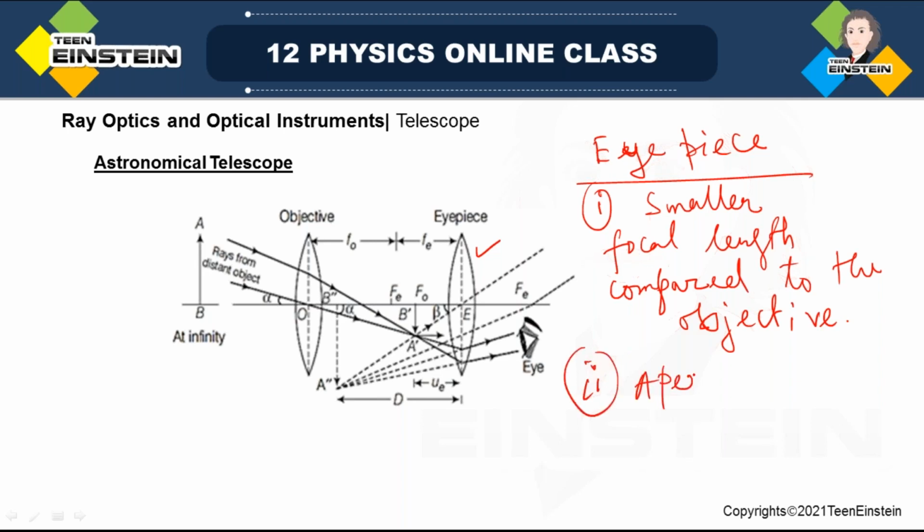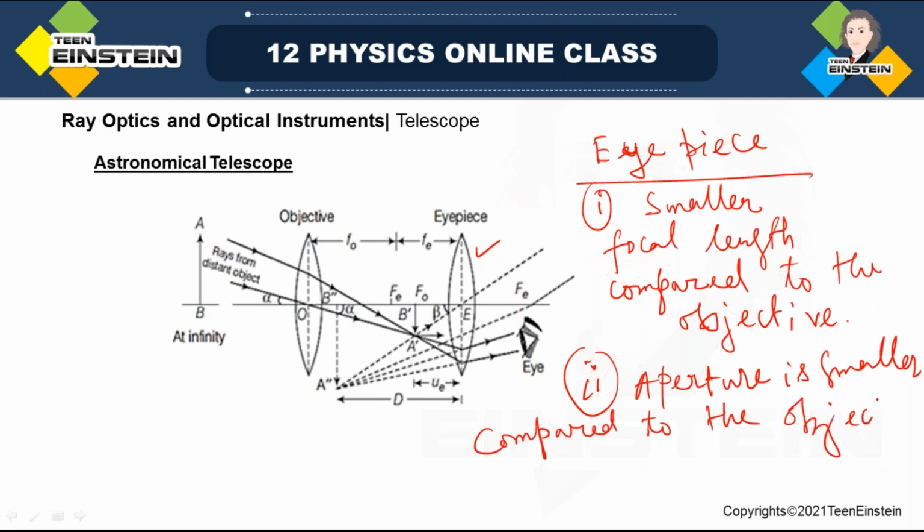Why is it so? The aperture is smaller compared to the objective.